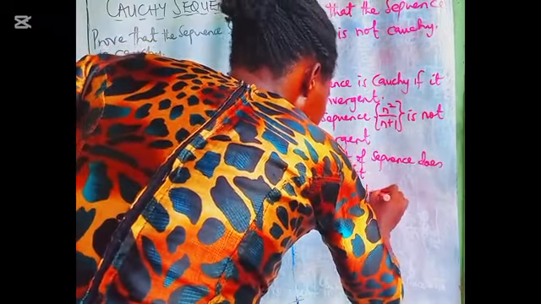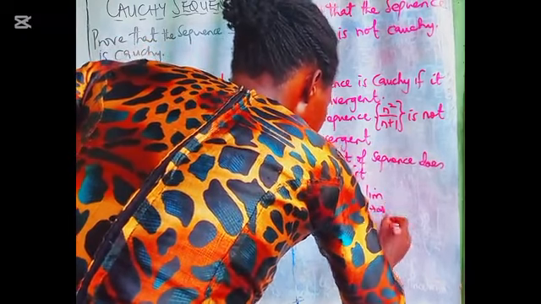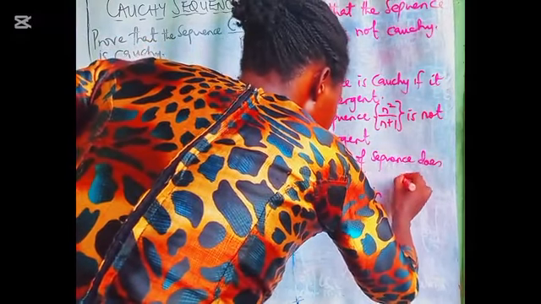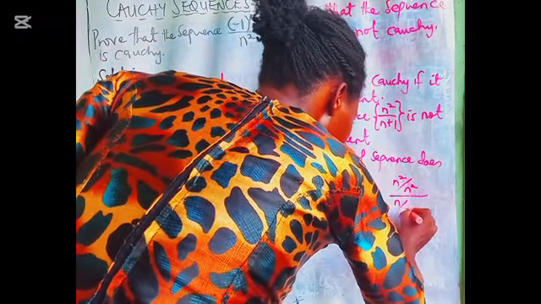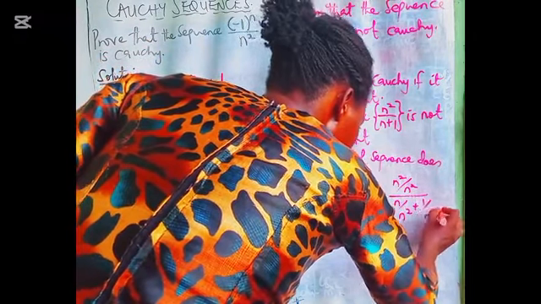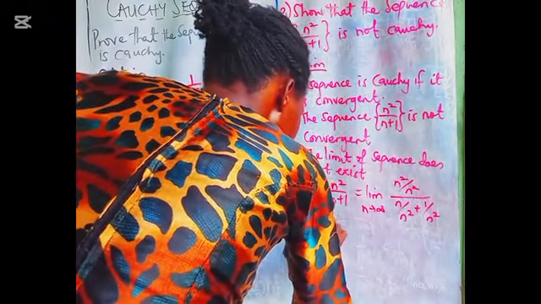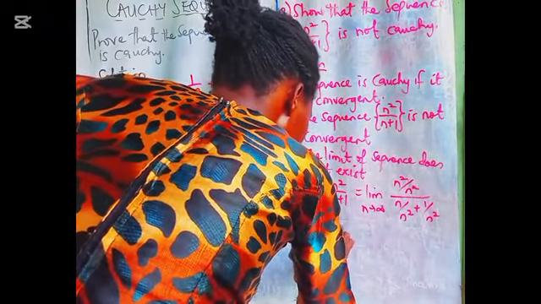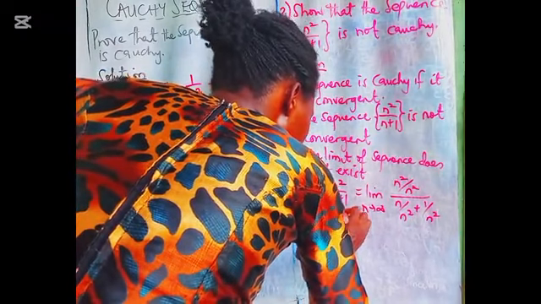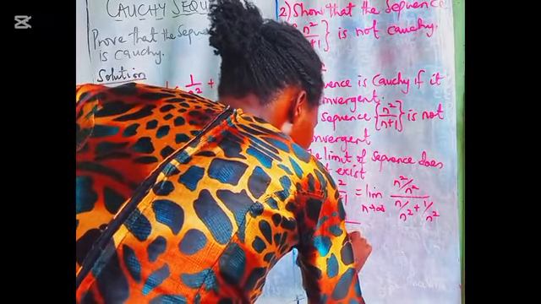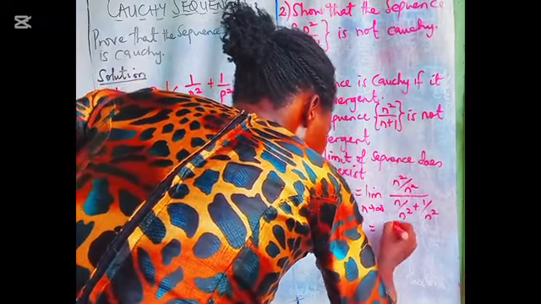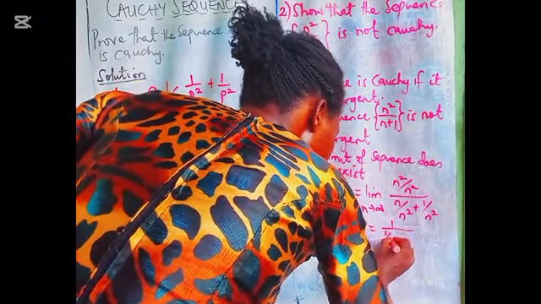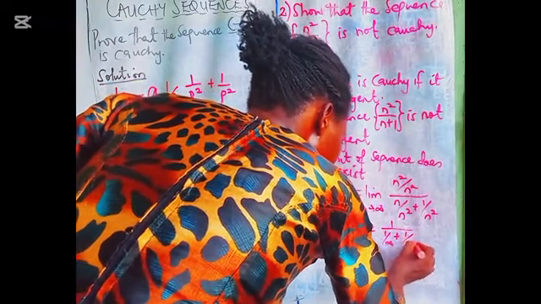This is equal to the limit as n tends to infinity of n squared over n squared, over n over n squared plus 1 over n squared. And that is equal to the limit as n tends to infinity of 1 over 1 over n plus 1 over n squared. And that is equal to 1 over 1 over infinity plus 1 over infinity.